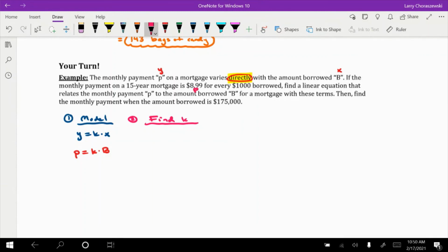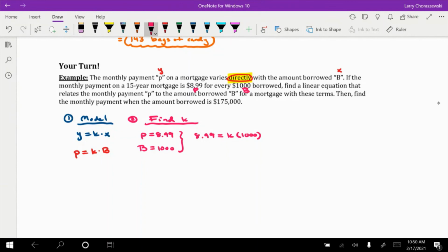the 899 is a value of P, and 1,000 is a value of B. So that gives us the equation 8.99 equals K times 1,000.